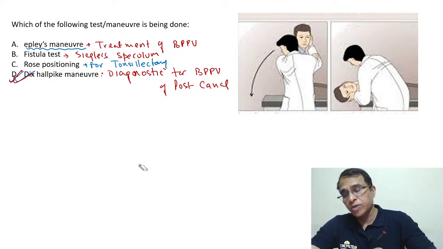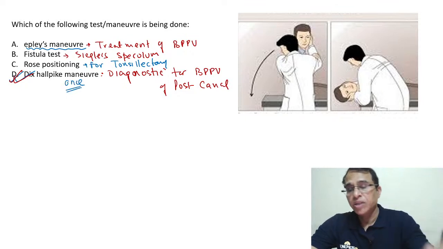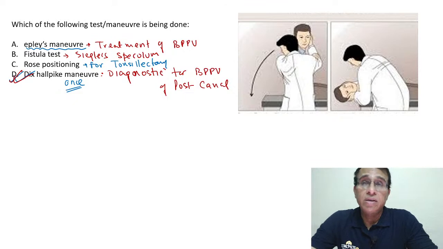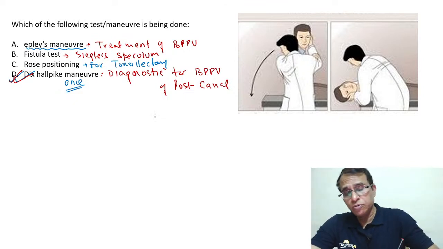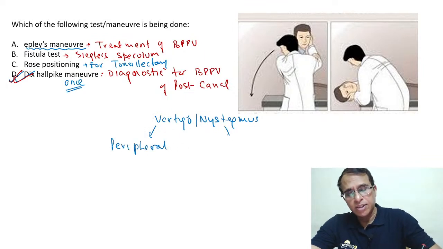Dix-Hallpike is always done once only. You don't repeat it, because these are fatigable. See, vertigo and nystagmus have two causes. One is peripheral cause, you must be knowing all this. The other is central cause.